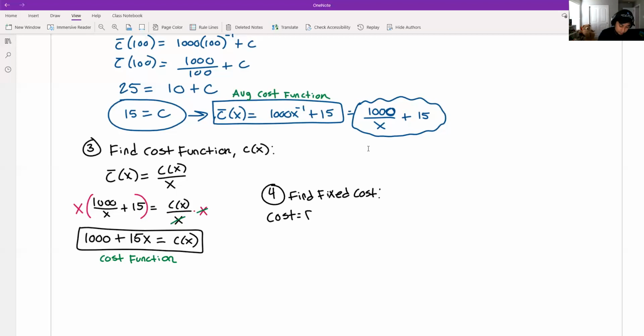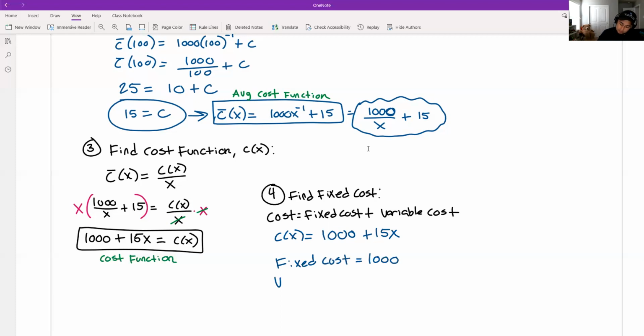Well, our cost function, which is on the left, is given by C of x equals 1,000 plus 15x. So with that being said, our fixed cost is 1,000. And if it asks for it, your variable cost is 15x. That's it.